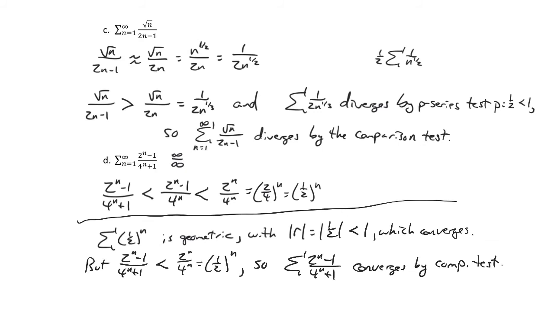So there are lots of different flavors that these can take on. Now, I do want to make one comment. The p-series test and the geometric series might mess you up, and I'm going to explain why. Here, p was equal to 1/2, which was less than 1. When the power is less than 1 in the p-series test, it diverges.